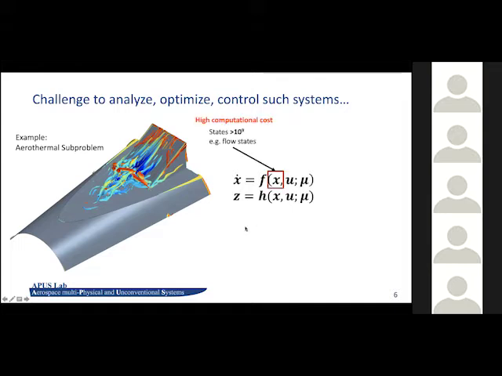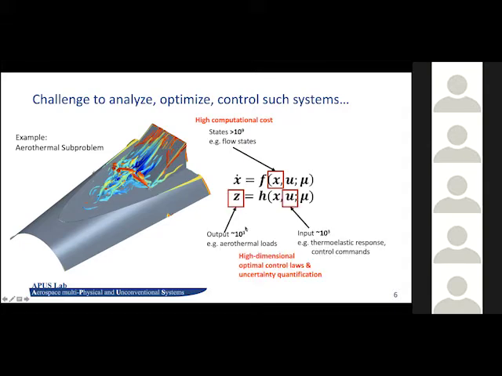To start with, we have a very high number of states, maybe millions or even billions for complex geometric configurations. This is when we want really high resolution of the flow field using something like LES or DNS.